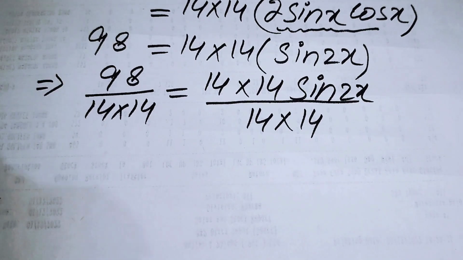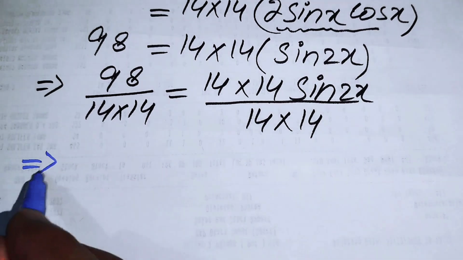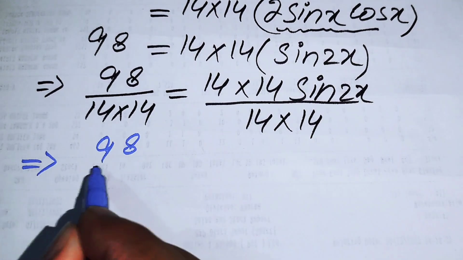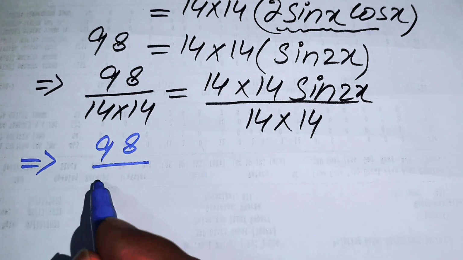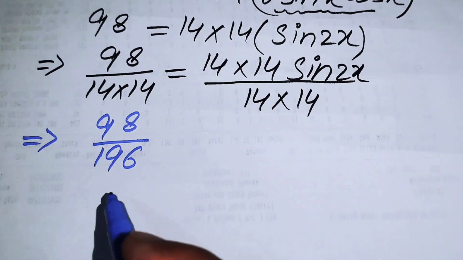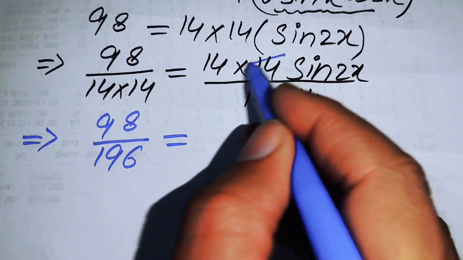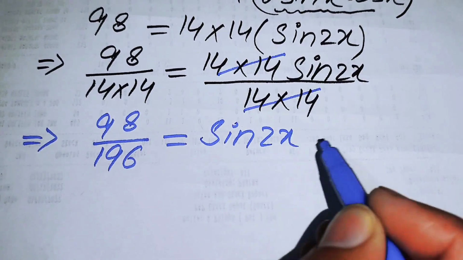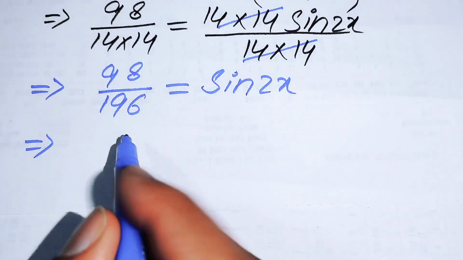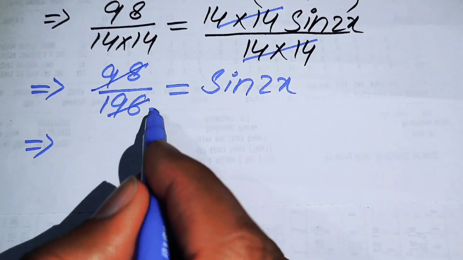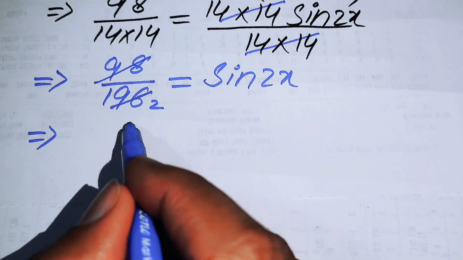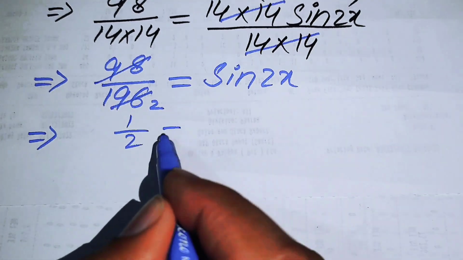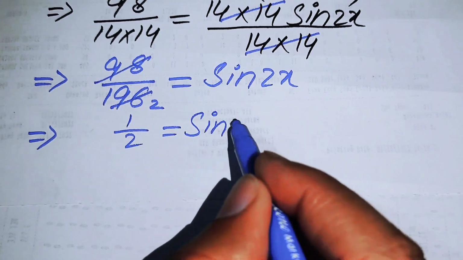And now in the next step we make a little bit of simplification here, and we see that on the left hand side we have 98 over 14 times 14 equals 1 over 2, and on the right hand side these two are gone, and you obtain sine of the angle 2x. So 98 twos are 196, so you get 1 over 2 equals sine 2x.